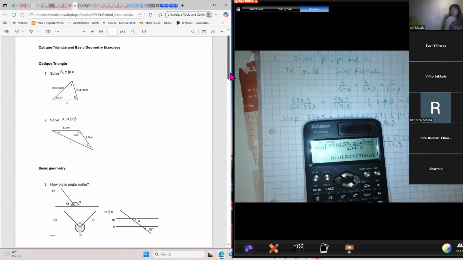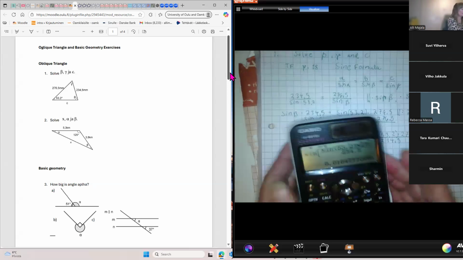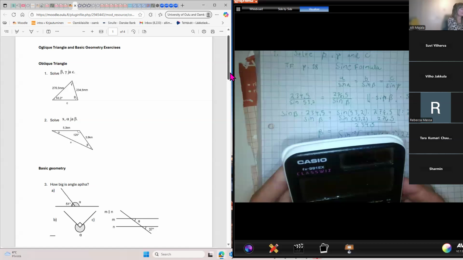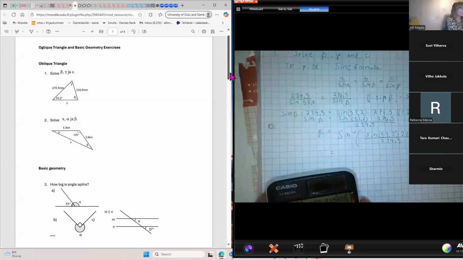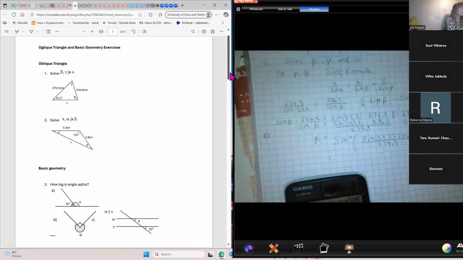Why is it so small? What am I doing wrong? What is wrong with this? I think I have.